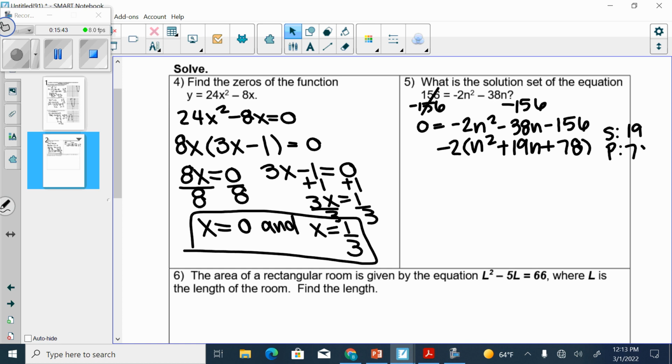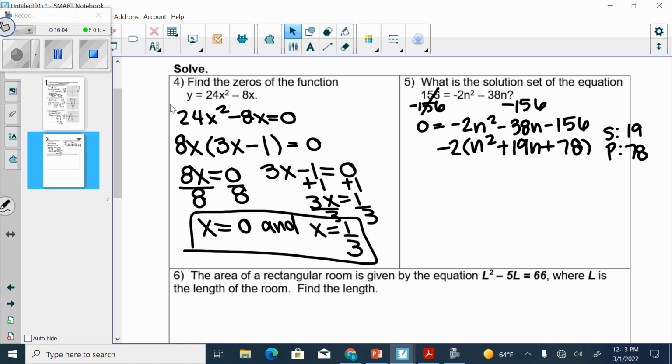Very good. Okay, so now I've got to find some numbers that are going to multiply to give me 78 and add to give me 19. Okay, so 78 is a pretty big number. And it's an even number, right?